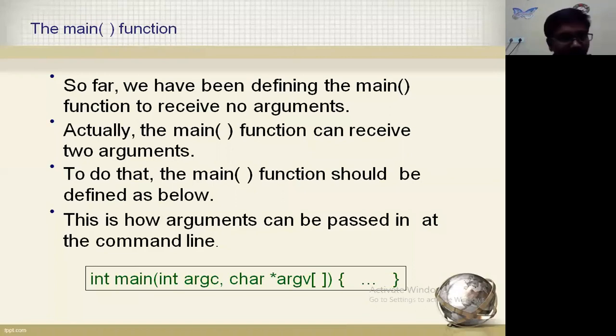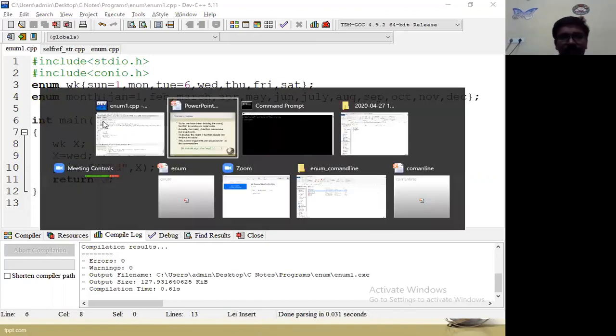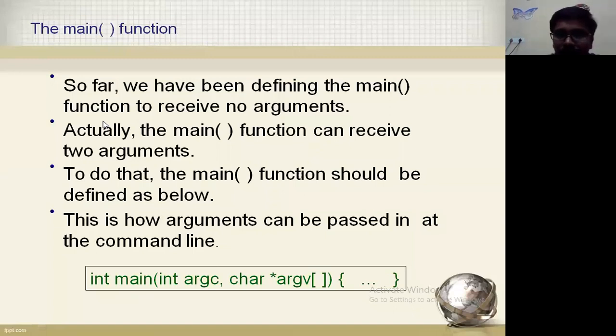We are not passing any argument to the main function. In any previous program, what are we passing to main? Nothing, it is always blank. That's why till now we are not using the command line arguments or the main function arguments.